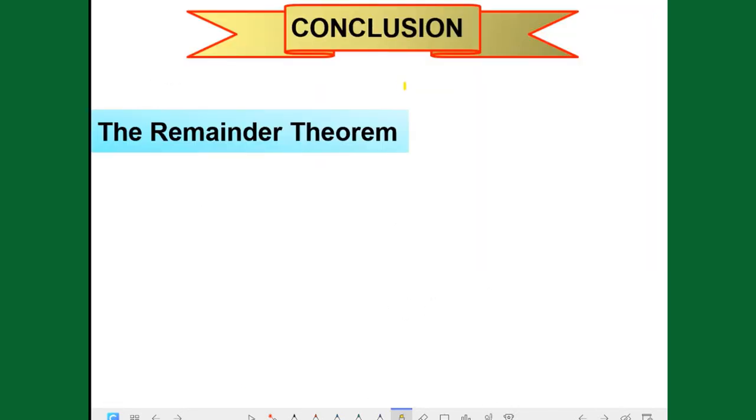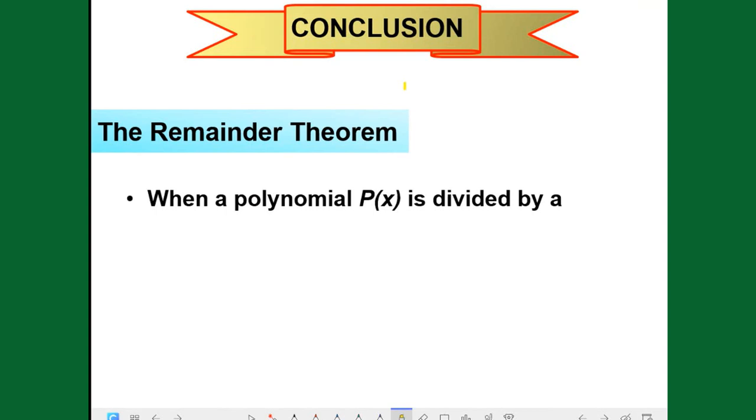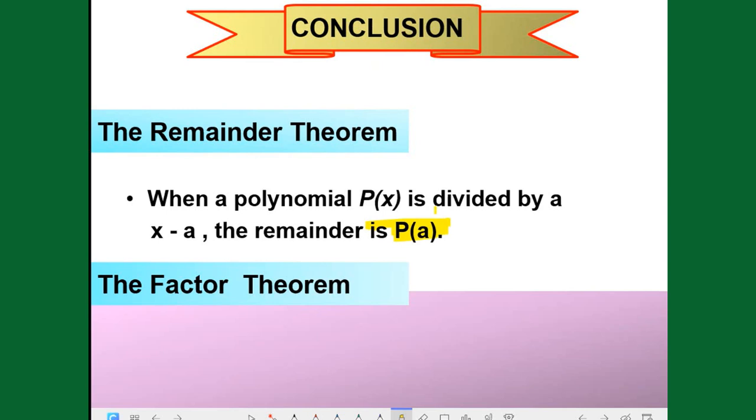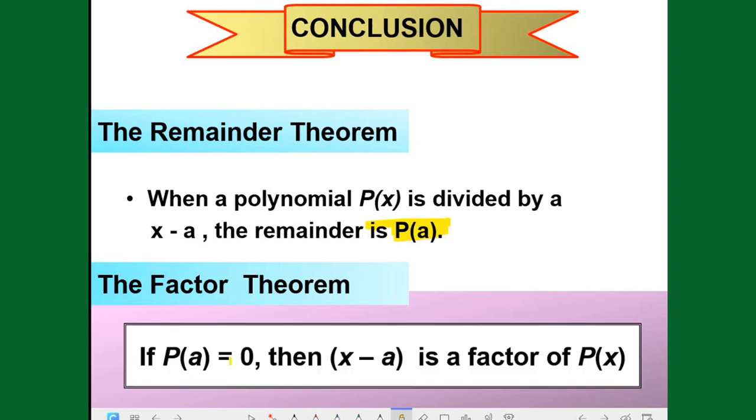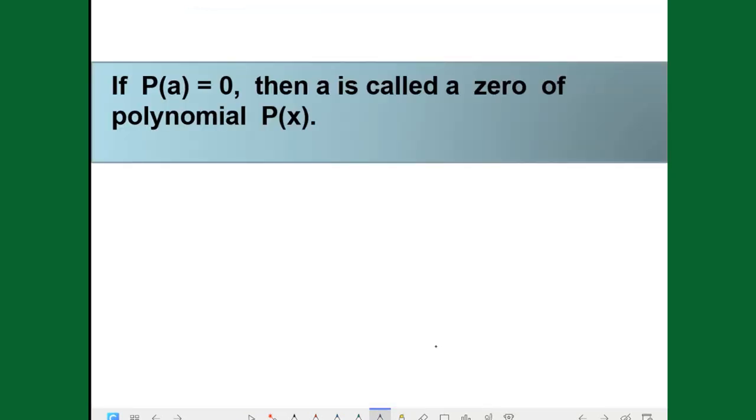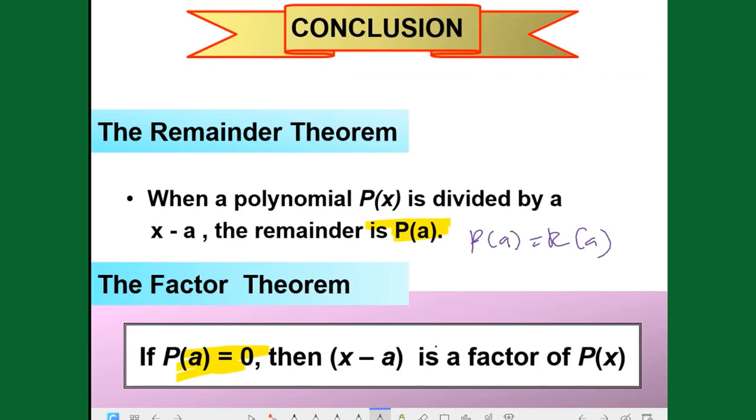Okay, then the next step, conclusion. The conclusion is, when a polynomial P of x is divided by x minus a, the remainder is P of a. Factor theorem. Kalau remainder theorem, P of a equals R of a. Okay, and then apa lagi? If P of a is equal to 0, x minus a is a factor.